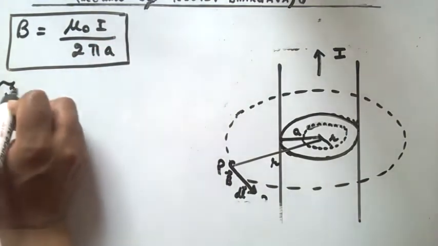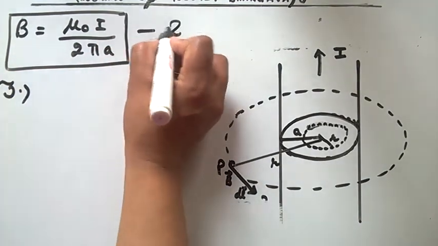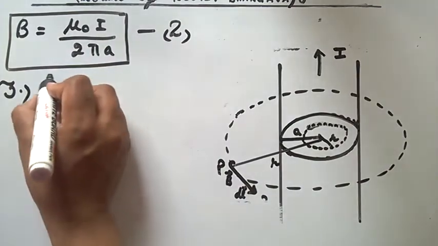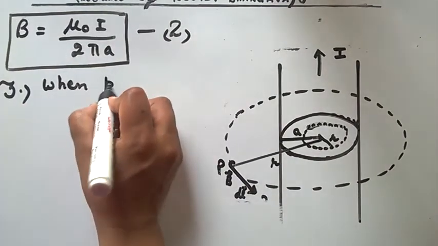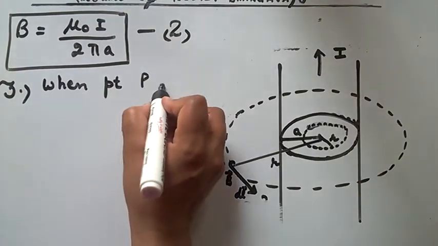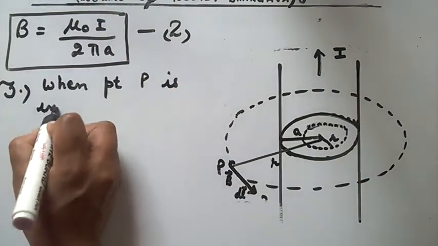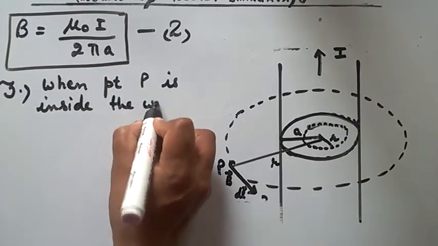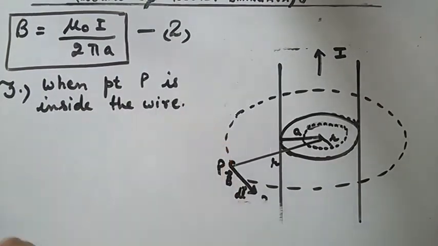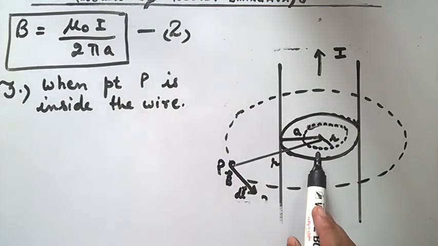Case 3 is when point P is inside the straight wire. When the point P is lying inside the wire, then two cases are possible.